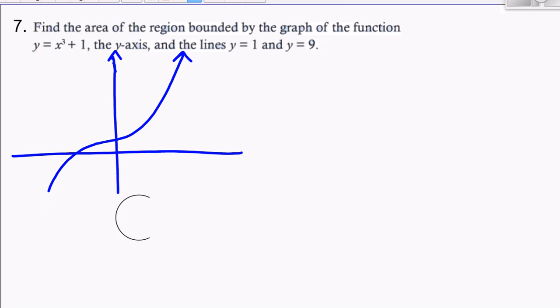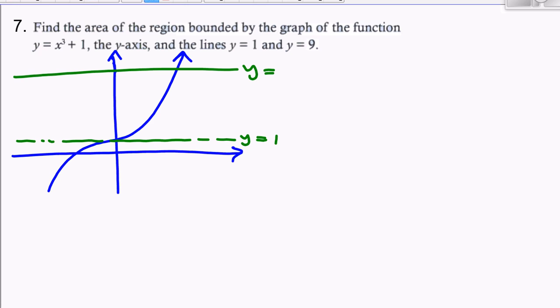I really don't need this part. So between y equals 1 and somewhere there y equals 9, this is the region that I'm interested in.